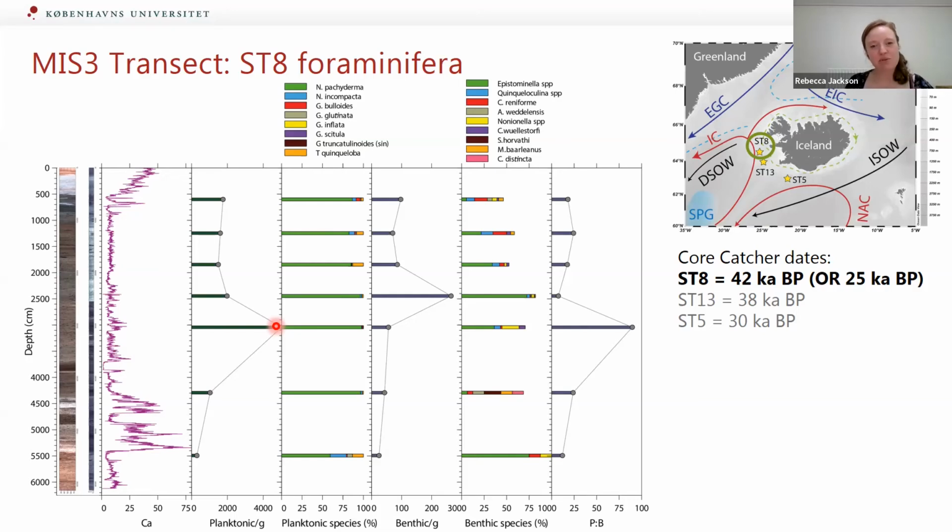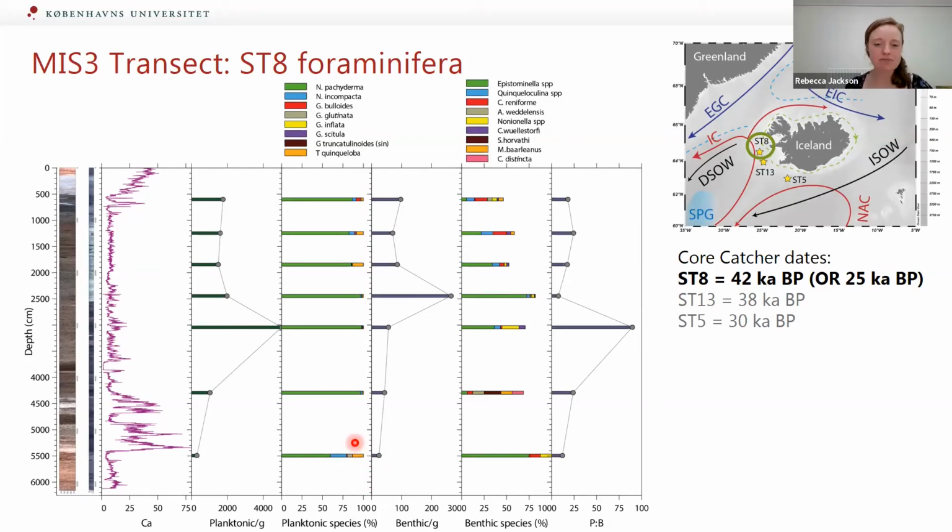But the species that we find in station 8 are mostly, you can see here I've put the relative percent of the relative abundance of each species. They're largely green, and this green is N. pachyderma, so that one polar species actually. But there is the appearance of some other species, but it's not so huge.